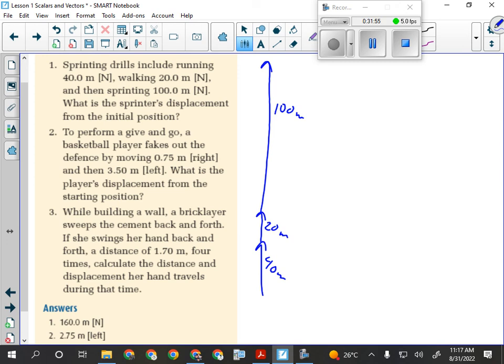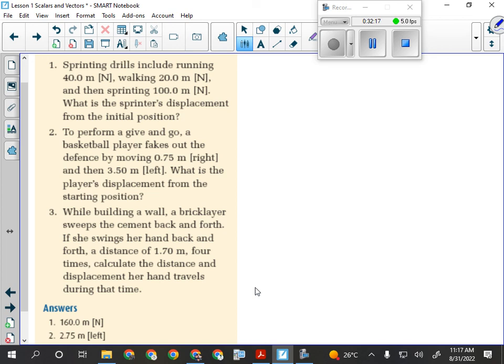All right. Now, for the next one, sometimes people get confused on this because they do what I often tell people to do, which is visualize what this person is doing. They're imagining a basketball player holding the ball, and they fake out the defense by going this way, and then they actually go from there 3.5 meters the other way.